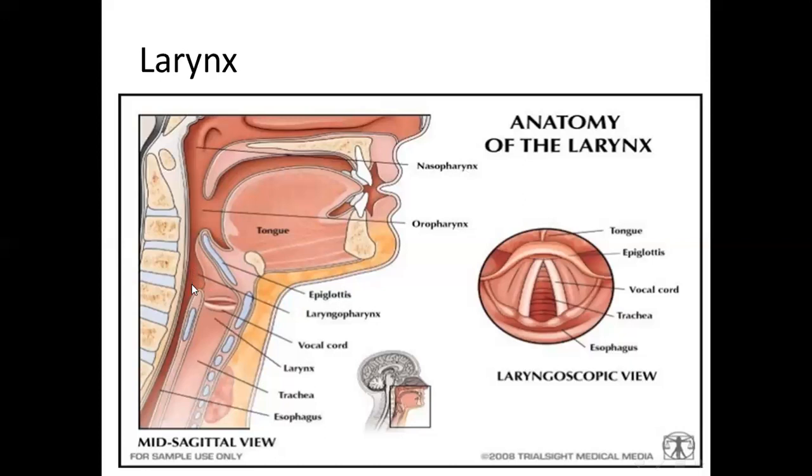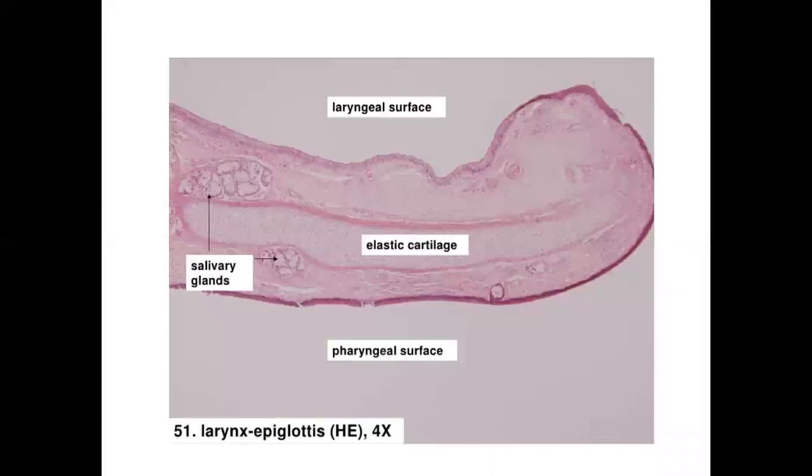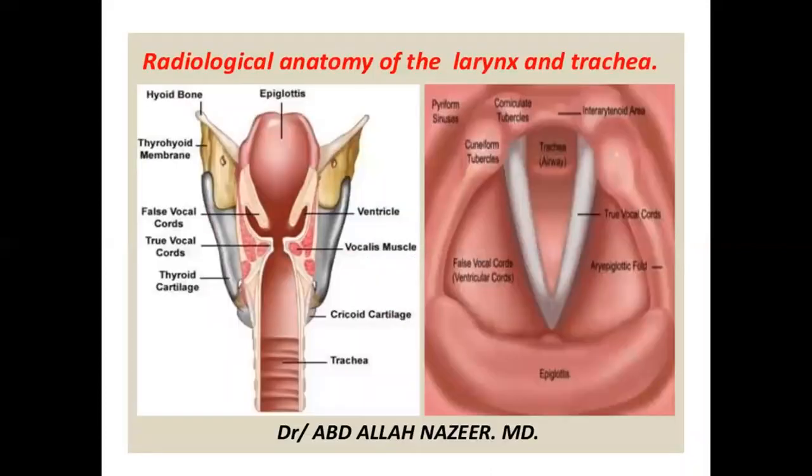And we have two types of cartilages at the larynx. What are these two types? We have hyaline cartilage and elastic cartilage.